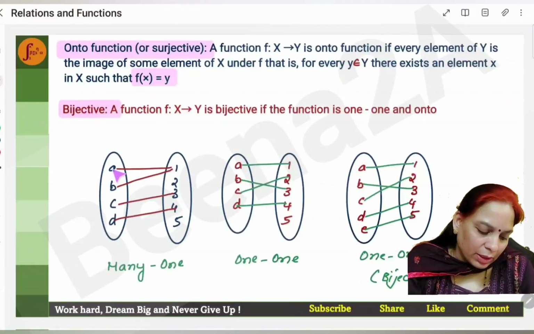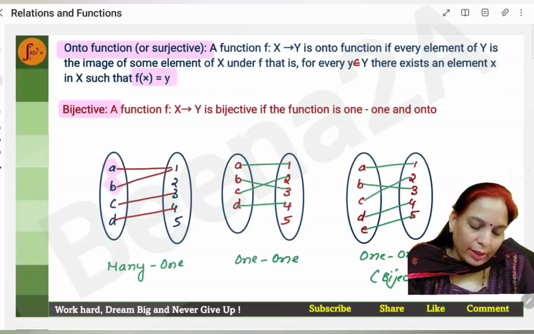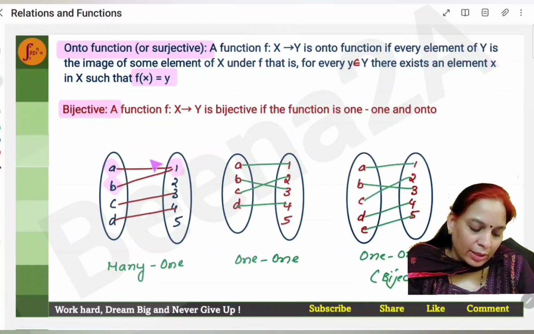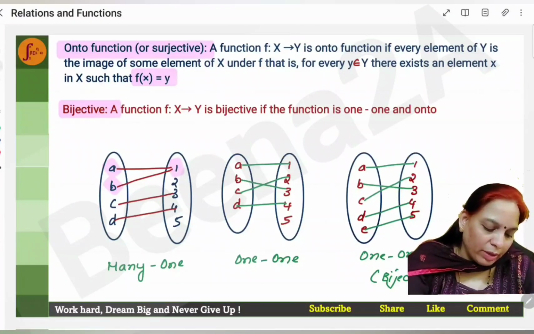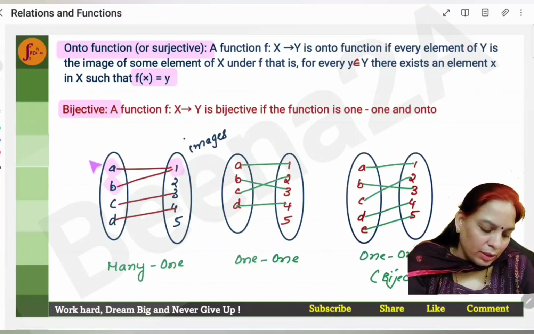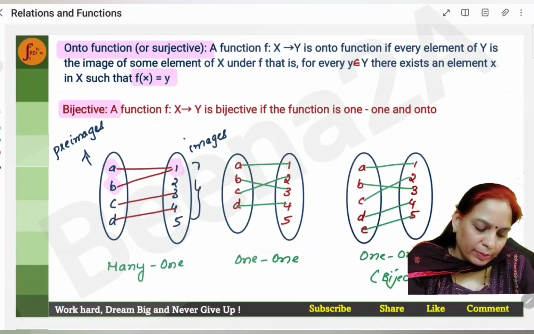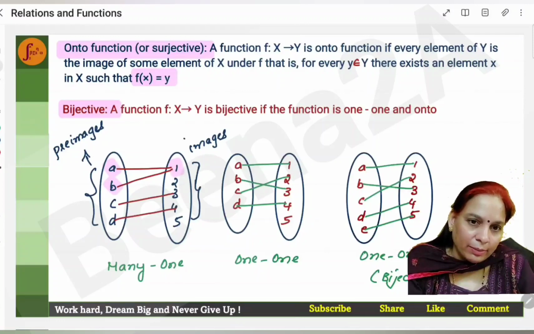Suppose you have something like this where element a and element b both are mapped to 1, right? These are called images and these are called pre-images.